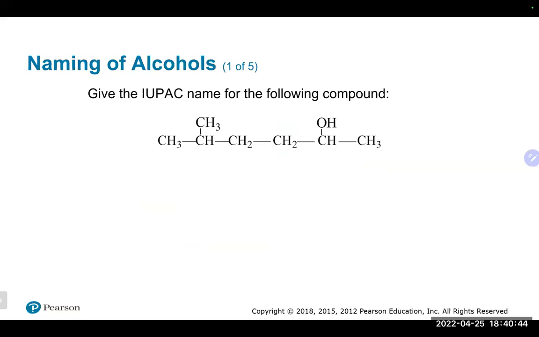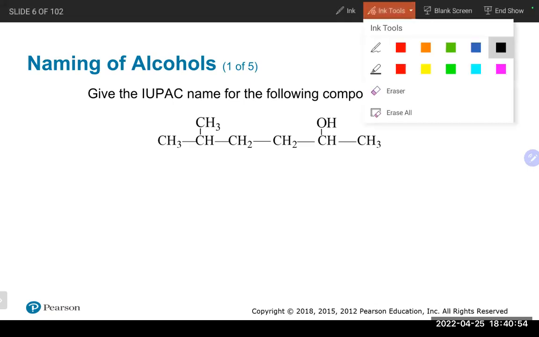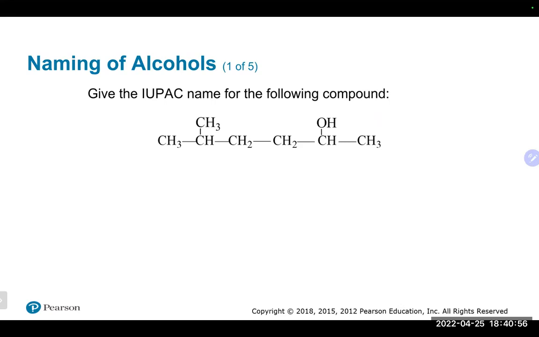Then obviously you would give the priority to the OH group, and any other group attached there would be numbered accordingly. So if we look at this guy here and we want to find our longest continuous carbon chain, just going straight across 1, 2, 3, 4, 5, 6, we could start up on top and come down 1, 2, 3, 4, 5, 6. So there's a few different ways you could get them.